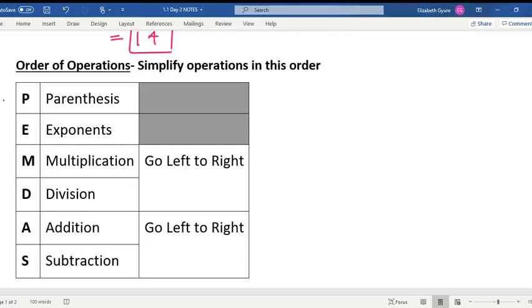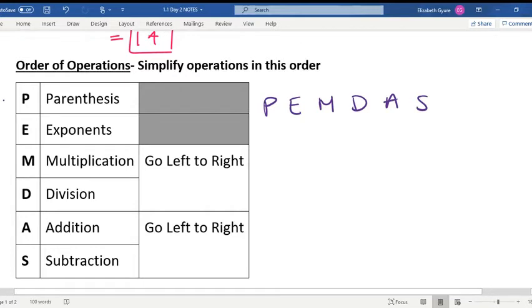Except it can sometimes be a little deceiving, right? Please excuse my dear Aunt Sally. People tend to remember, oh, we have parentheses, then exponents. Where might you go wrong, though?